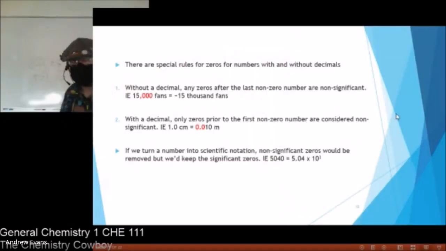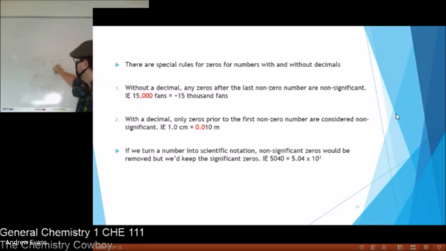So going back, we said if there is no decimal point, we take the last non-zero number, and every digit to the left of it is considered significant. So in this case, without this little thing here, if I just gave you 102, we would know all these guys are significant.